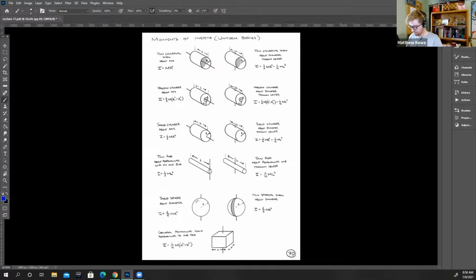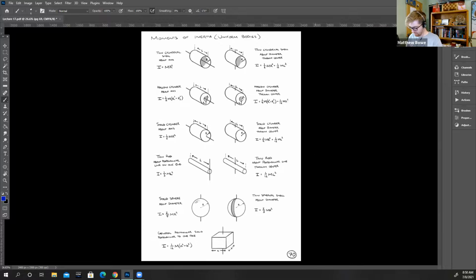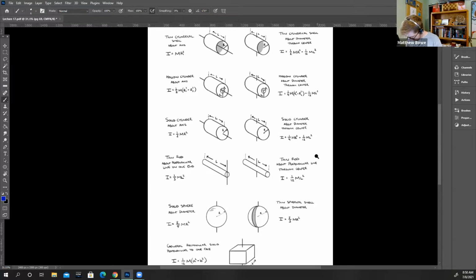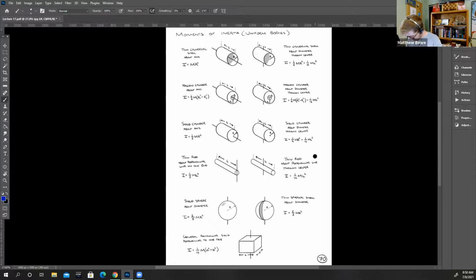So moments of inertia, you see how I can't really zoom in too much, so I'll just leave it like that. People have arrived at this problem before and cataloged a list of moments of inertia. It depends on the shape of the object and it depends on where the axis of rotation is.